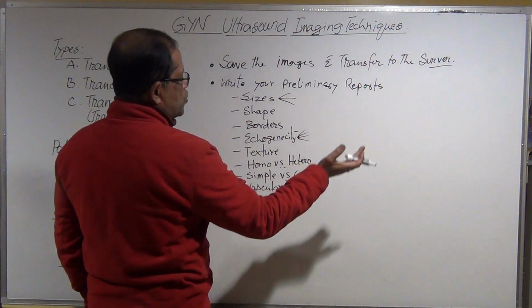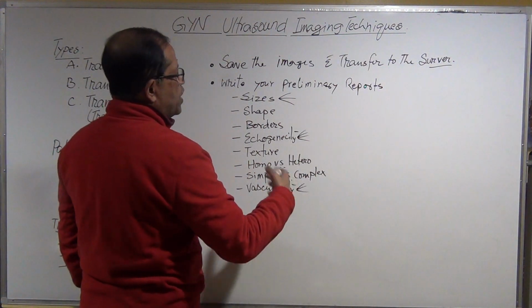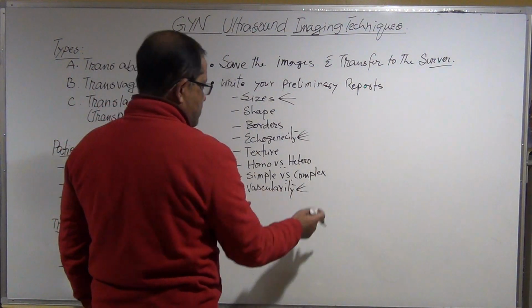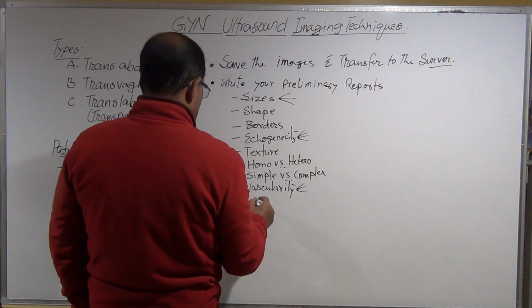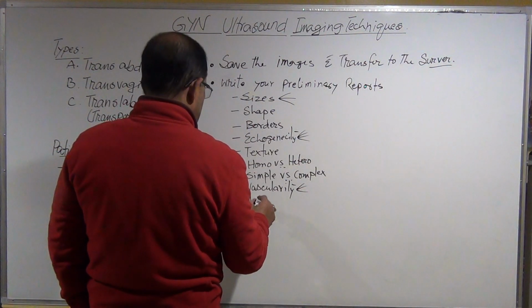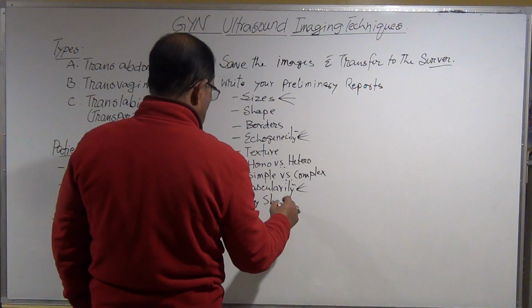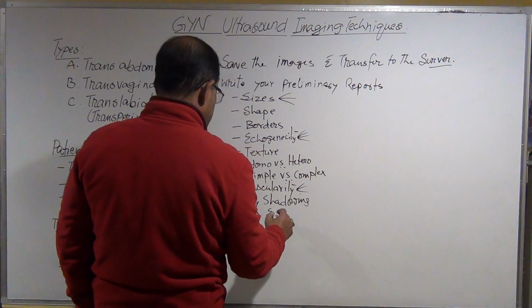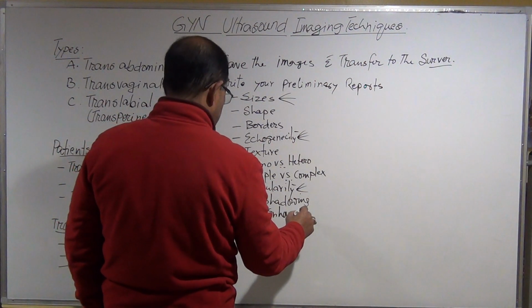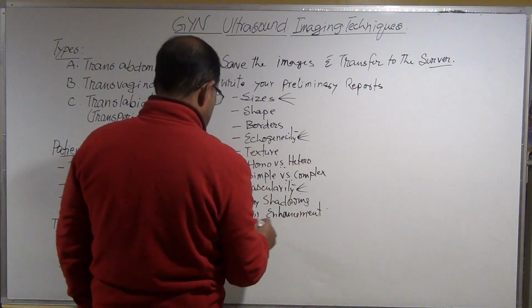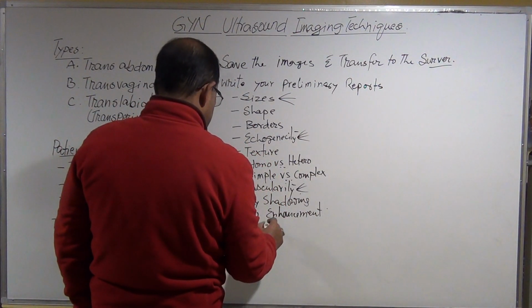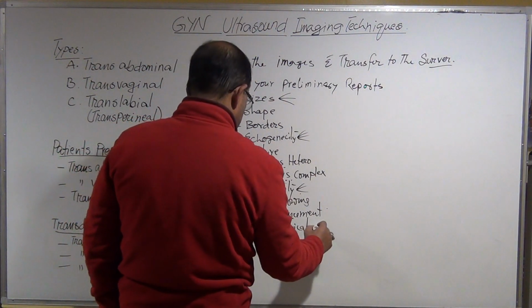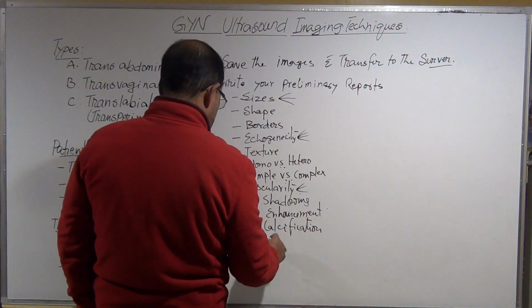Echogenicity could be multiple: isoechoic, anechoic, hypoechoic, hyperechoic. Vascularity: normal vascularity, hypovascularity, hypervascularity. And write any abnormal shadowing, any abnormal enhancement, any calcification, any necrosis.